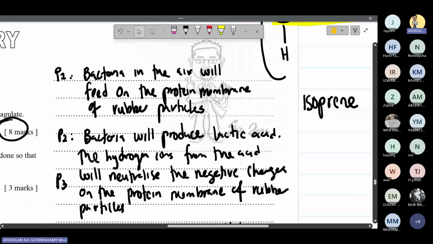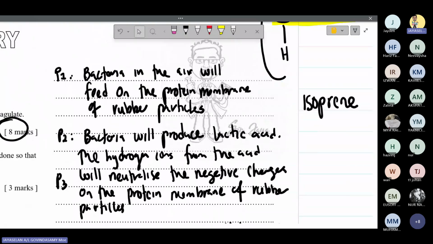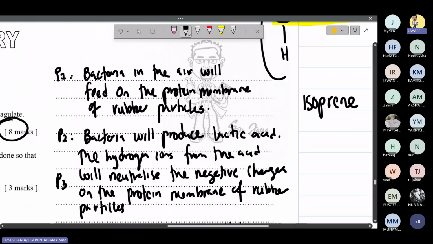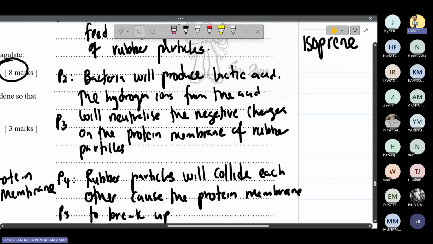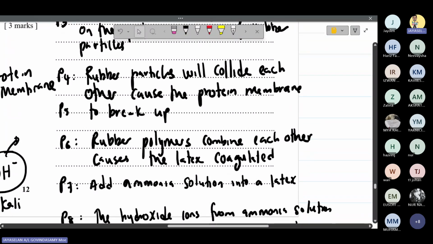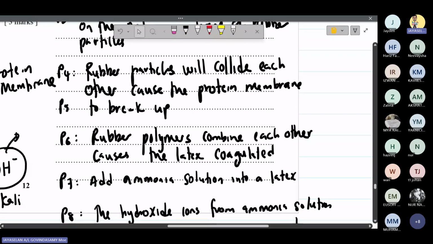The bacteria in the air will feed on the protein membrane of the rubber particles. Bacteria will produce lactic acid. The hydrogen ion from the acid will neutralize the negative charges on the protein membrane of the rubber particles. The neutral rubber particles collide with each other, causing the protein membrane to break up.